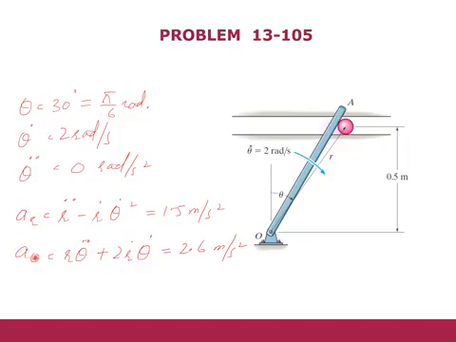Now we are going to apply the equation of Newton's second law of motion. The first equation is the sum of all the forces in the radial direction equals m a_r. By seeing, we have the forces in this direction, which are F, the N component, and the weight.